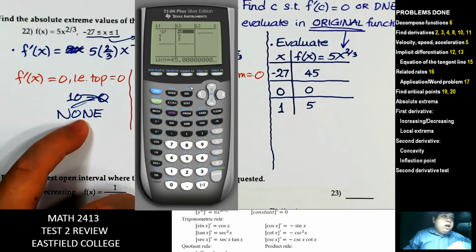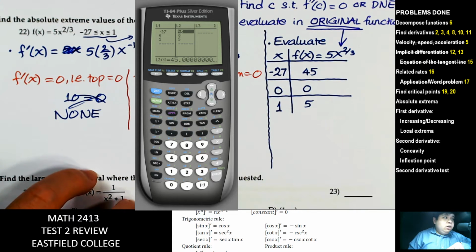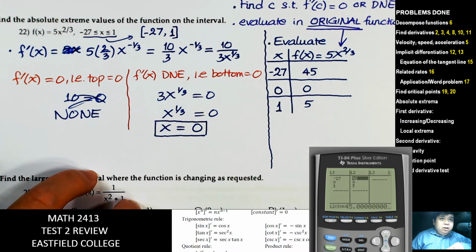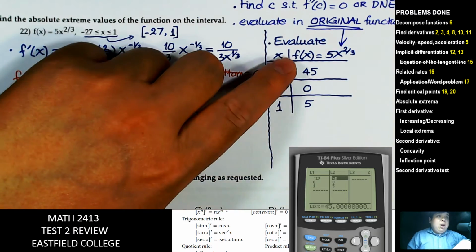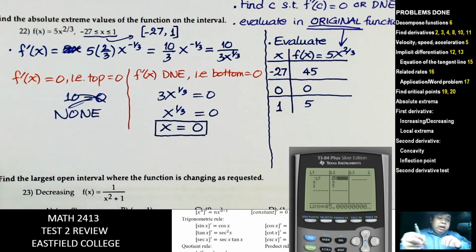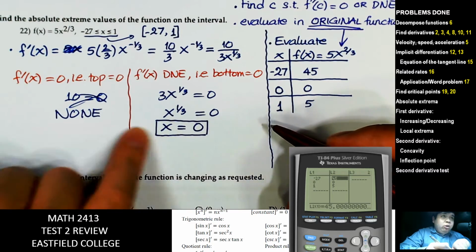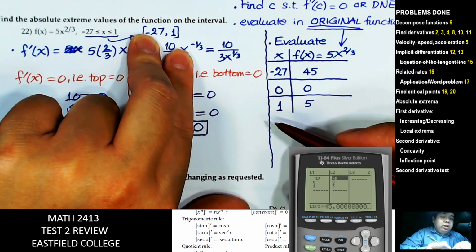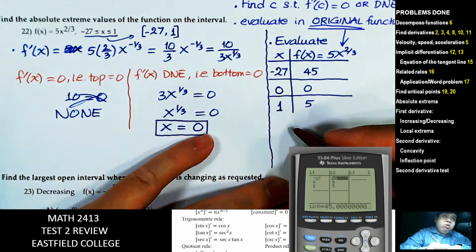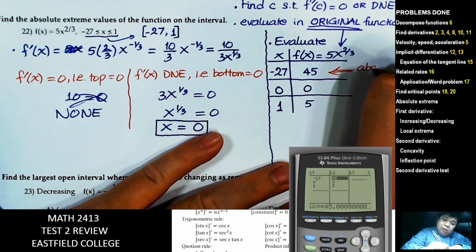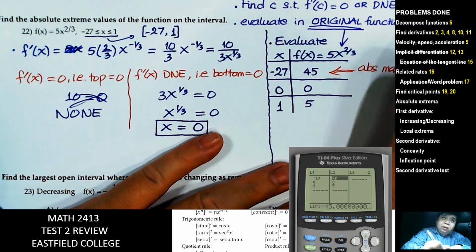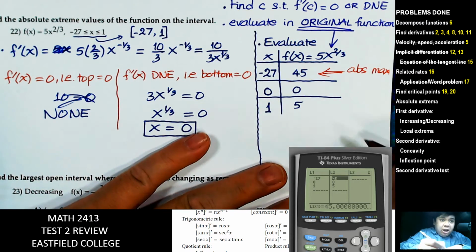So we find where the derivative equals 0 or does not exist, and then we evaluate in the original function any point we found along with the boundaries. So when we look at this, obviously this is the maximum, and this is the absolute minimum.